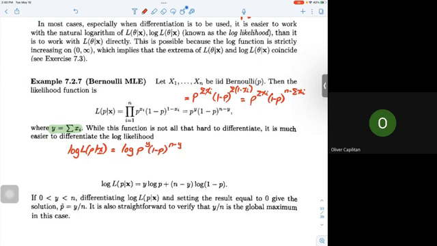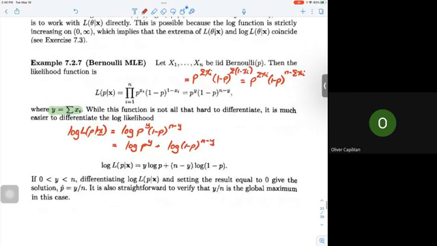The log of the product is equal to the sum of the logs. So we have the log of p to the y plus the log of 1 minus p to the n minus y. Then using the property of the logarithm, we have the result.